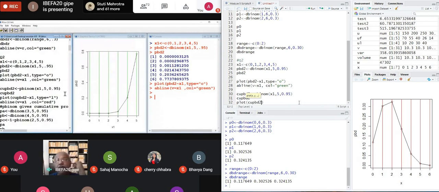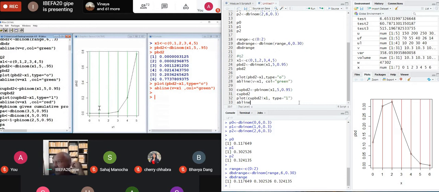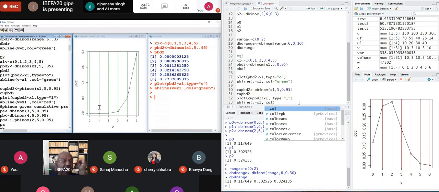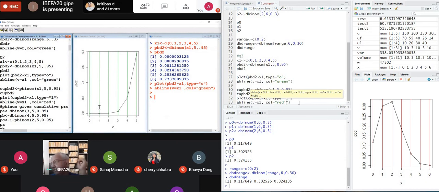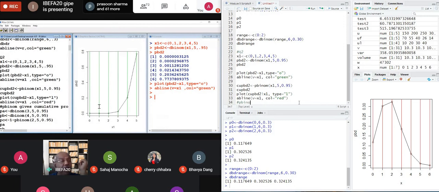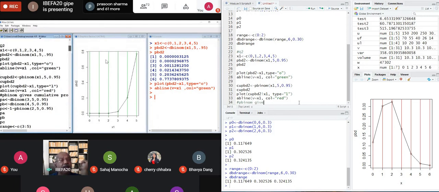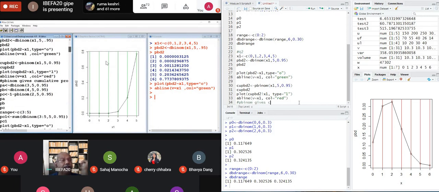This is the individual probability as well as their graph. But another function I have to explain, that is addition of probabilities as x increases. So pbinom is the syntax for cumulative probability.